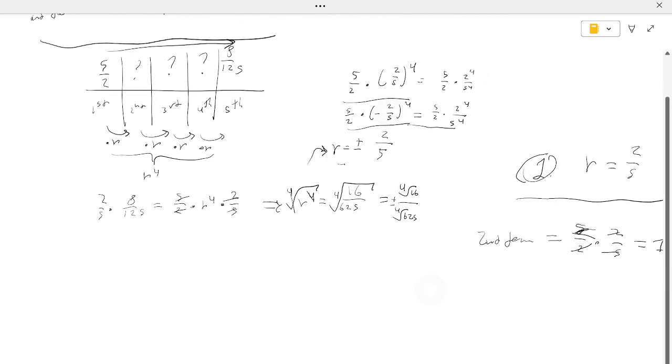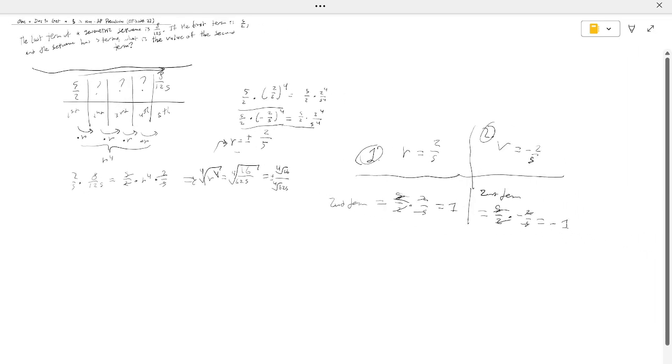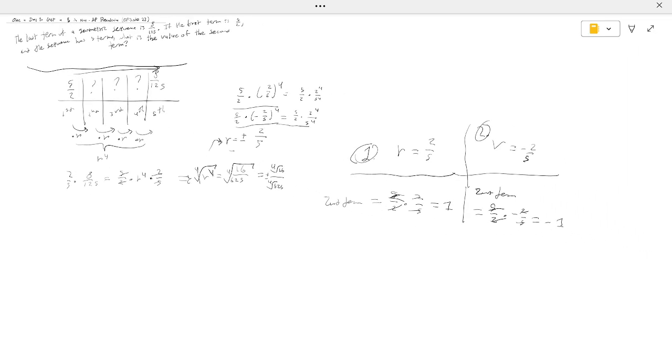Not sure if that's the right way to describe it, but I hope that makes sense. The solution that they gave is that the second term is 1.